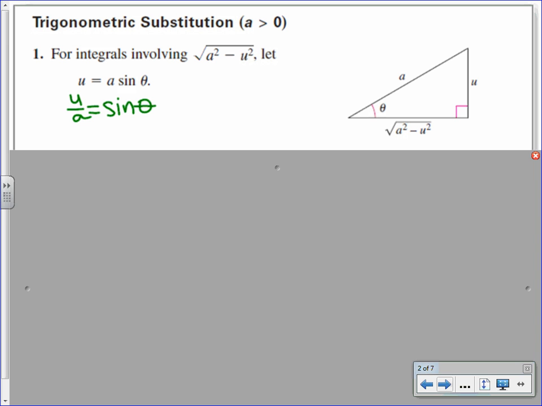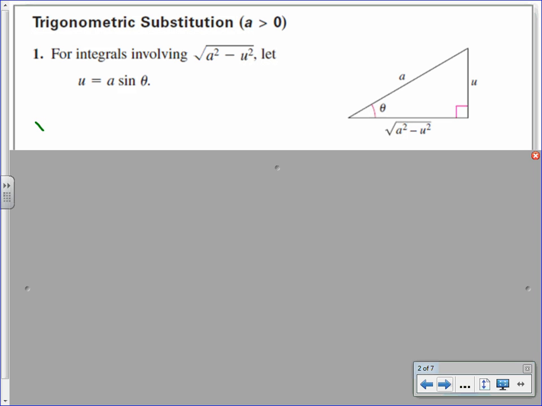So we could draw a triangle where opposite over hypotenuse is our ratio of u over a. And that would make this side the square root of hypotenuse squared minus leg squared. So why is this beneficial?